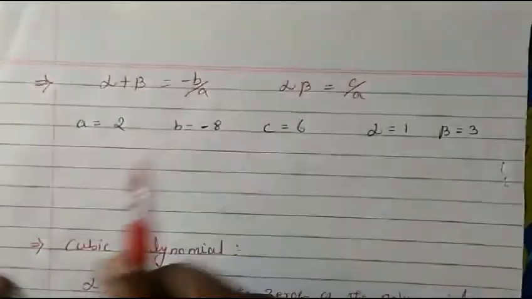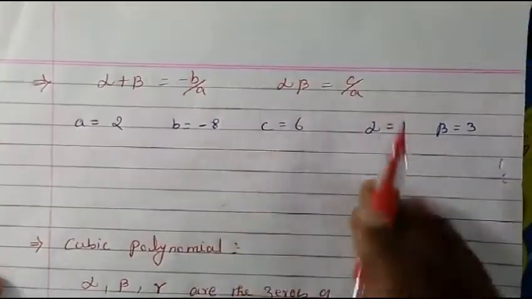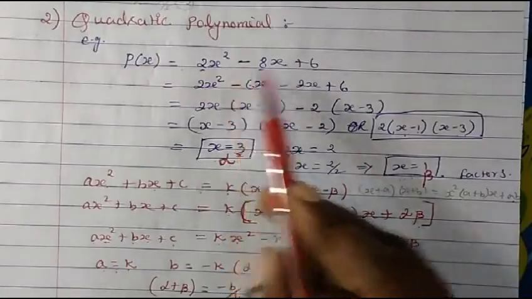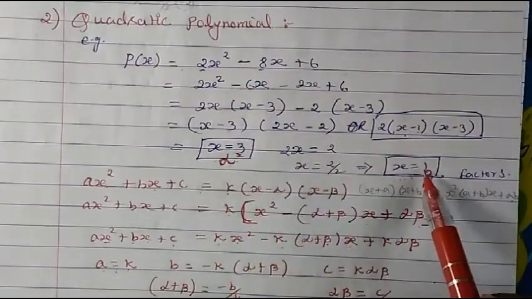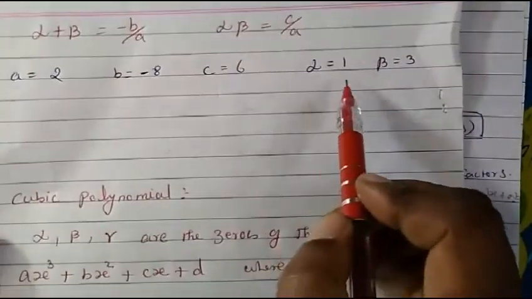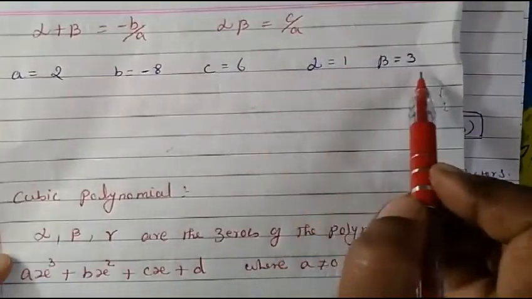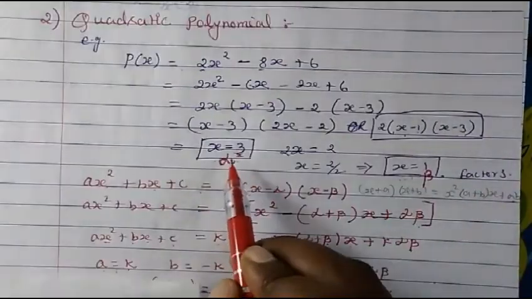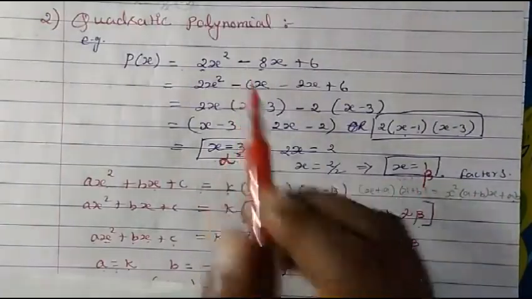Also, we said the zeros of this polynomial are 3 and 1, which we found. You can consider alpha as 1, beta as 3, or alpha as 3, beta as 1, anyone. These are the zeros of the polynomial.